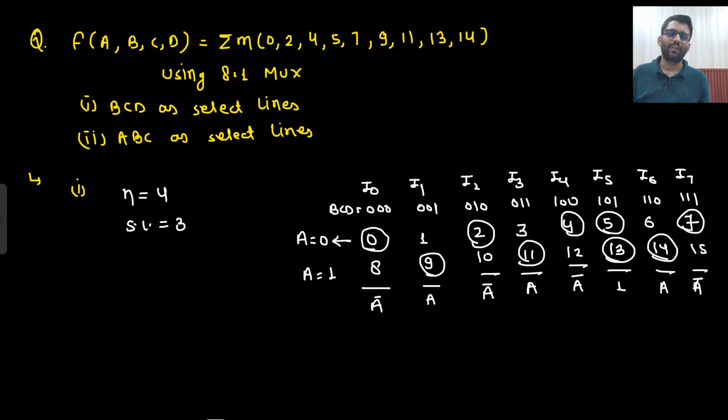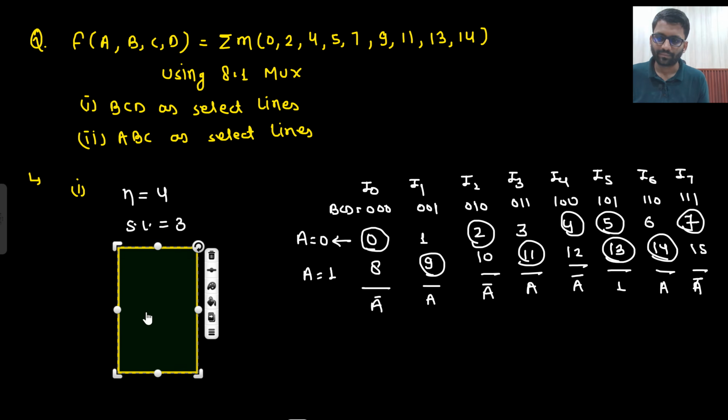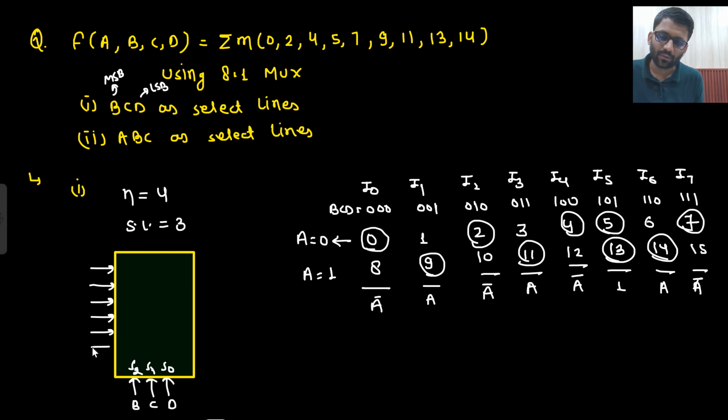So that's the way we need to solve it. So if I make 8 cross 1 mux here, S2, S1, S0, B, C, D as select line. So here they did not mention which is MSB, so I am by default taking this as MSB and this as LSB. Okay, and these will be the inputs: I0, I1, I2, I3, I4, I5, I6, I7.